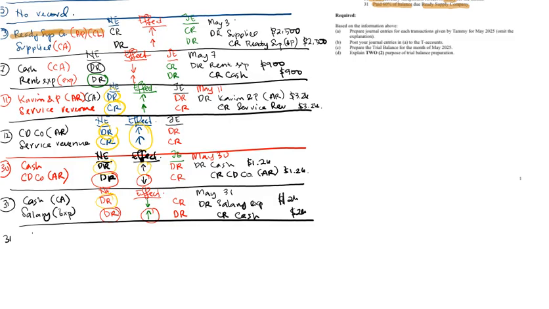One is cash because of the word paid, and the next one is Ready Supplies, which is account payable. So in terms of classification, this is current asset and this is current liability.